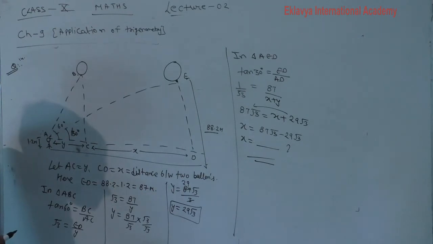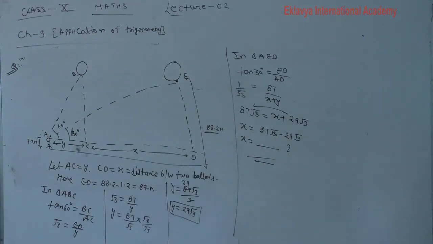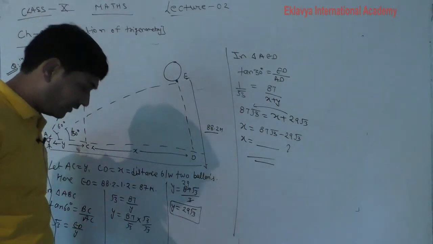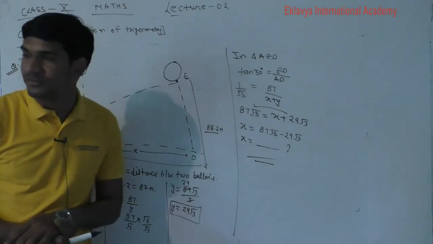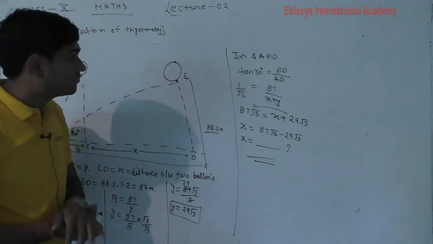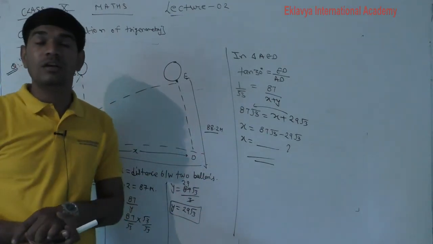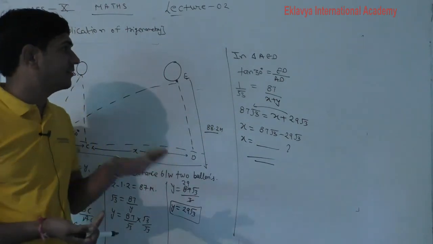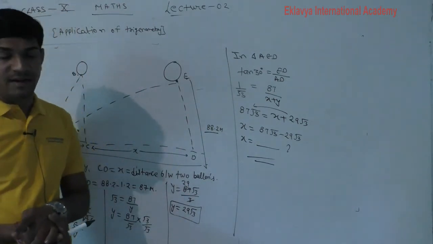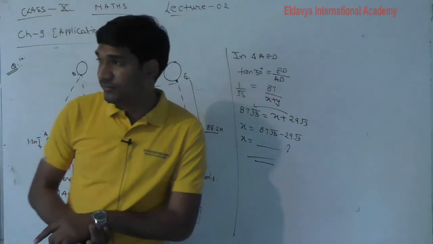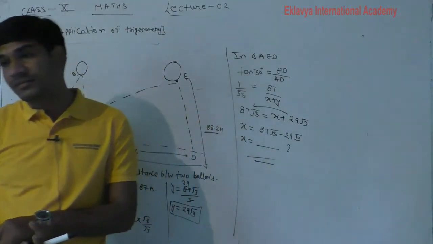Any problem? Did you understand that one? So these are the basic questions based on angle of elevation and angle of depression. More questions are present on angle of elevation and depression. Students, after watching this video, complete chapter 9, and if you have any problem, we will discuss it in the next lecture.